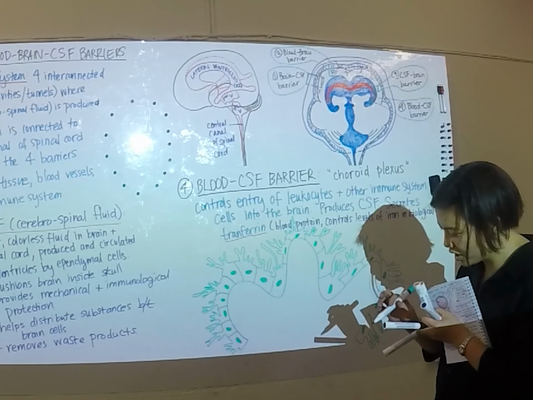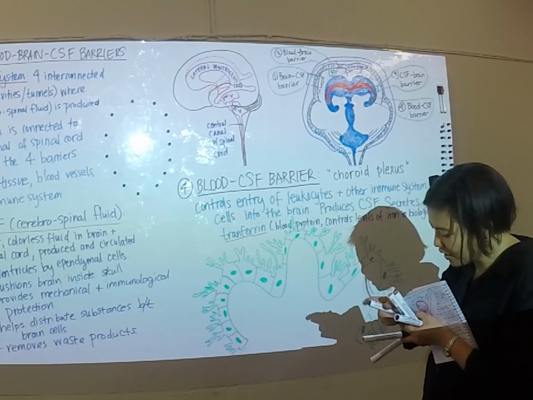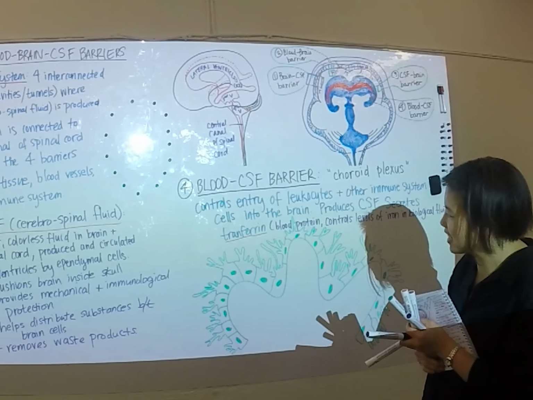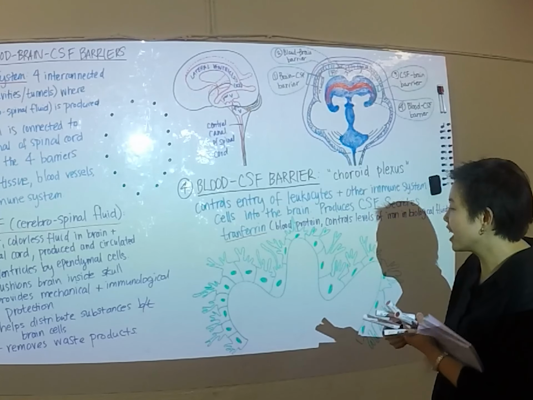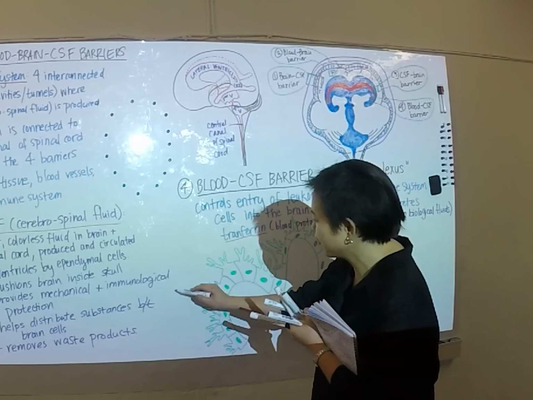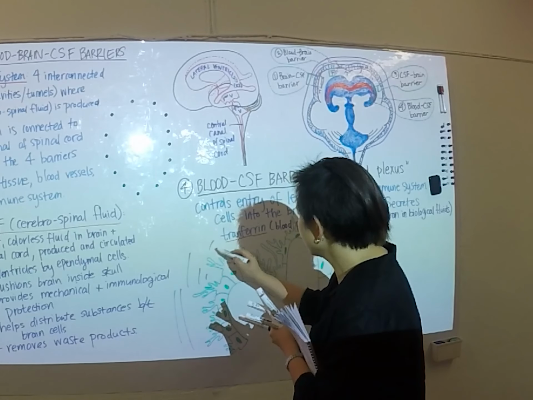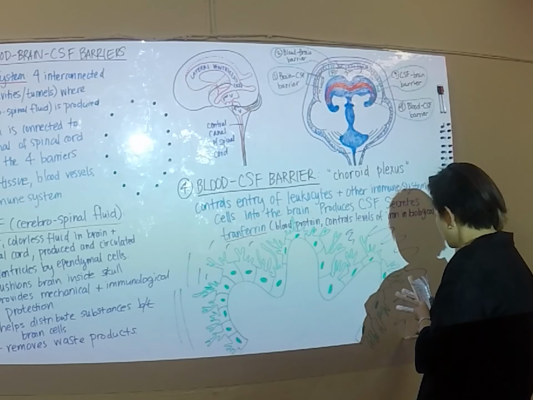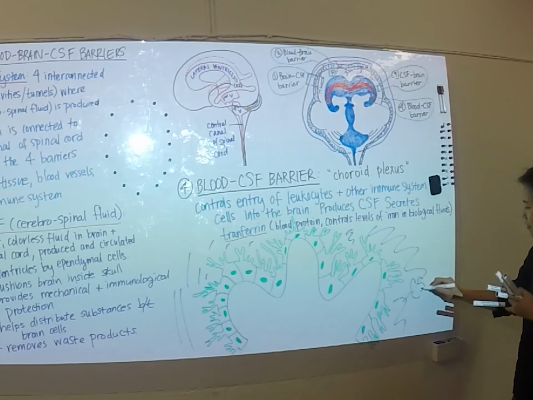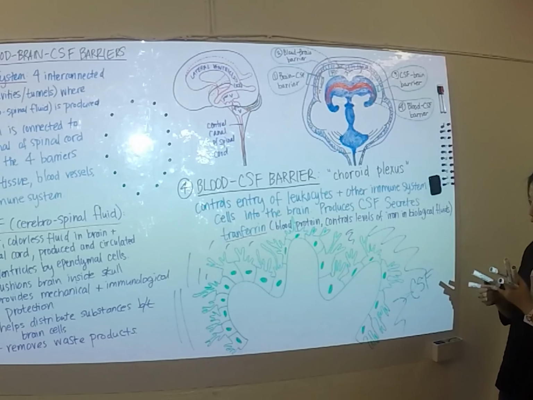Okay, so, that was a lot. So these are ependymocytes, okay? And on the outside of them is the CSF. So all this out here, this is all the CSF, the cerebrospinal fluid.